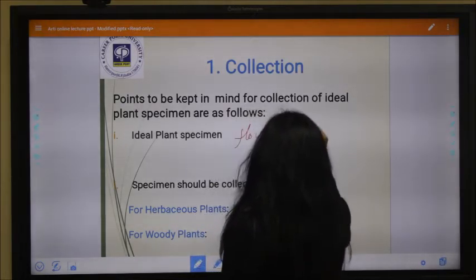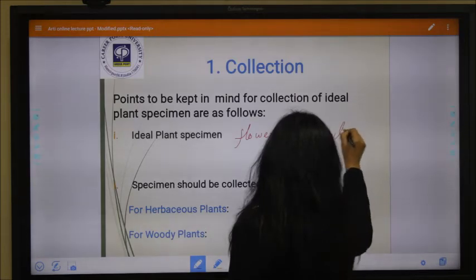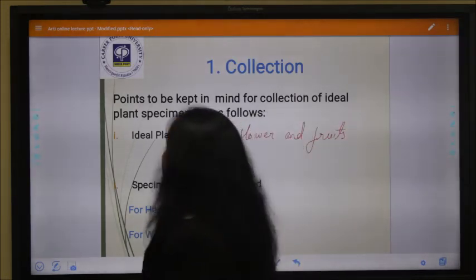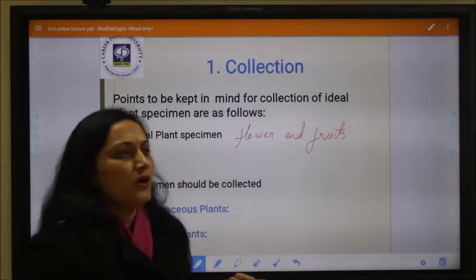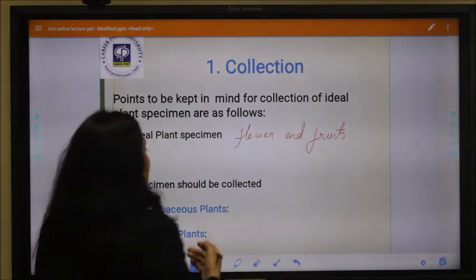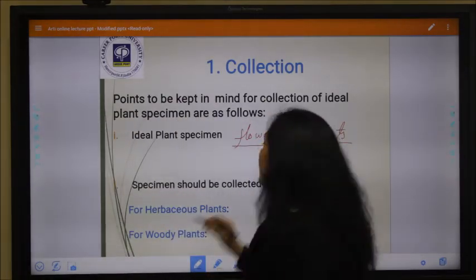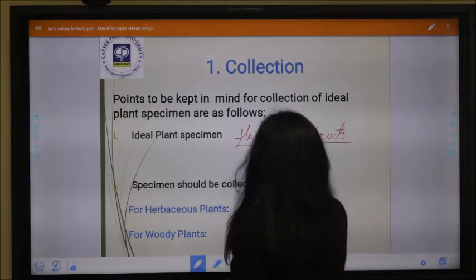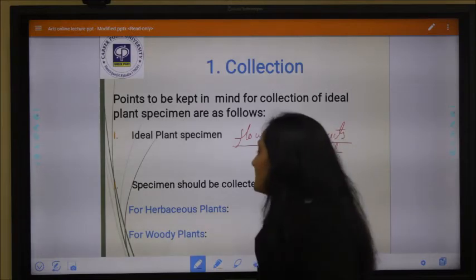Try to collect a plant specimen with flower and fruits, if present.